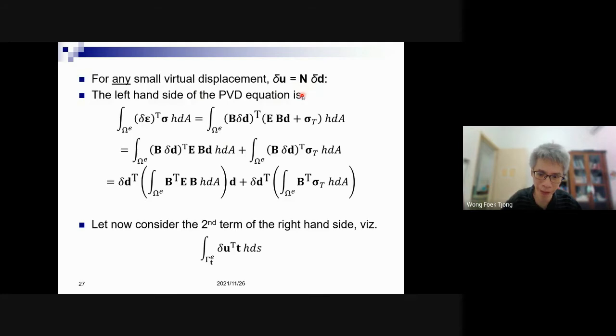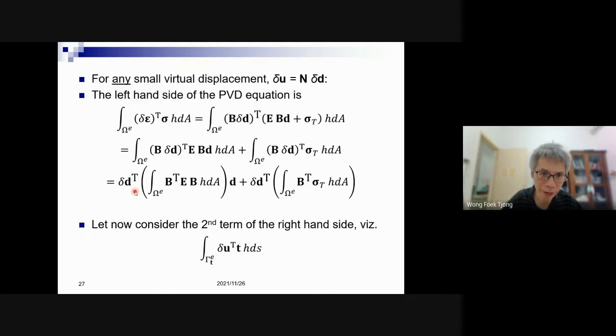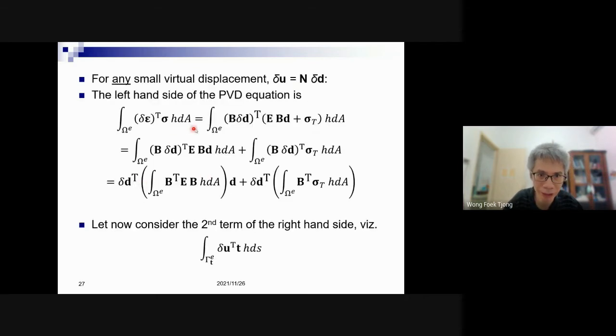Let's begin with the left-hand side of these equations. What is virtual strain? It is B delta D transpose. What is sigma? Sigma is this one. No problem, right? Can you follow me? This is the left-hand side of the equation. Then I just plug our discretization into this left-hand side.